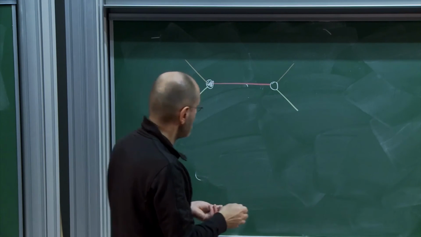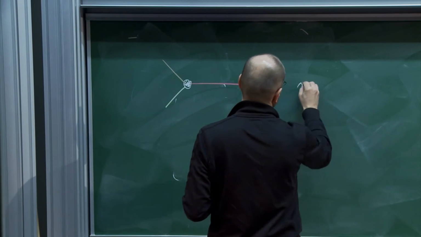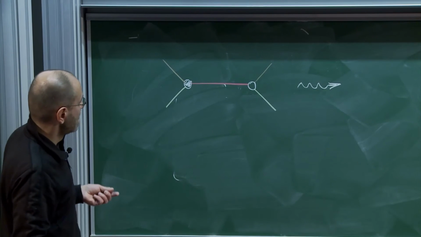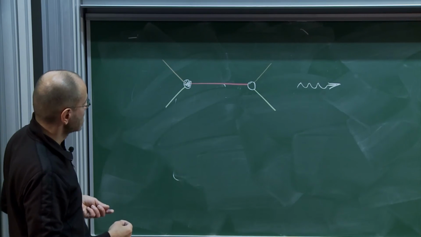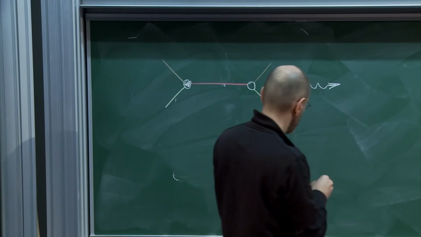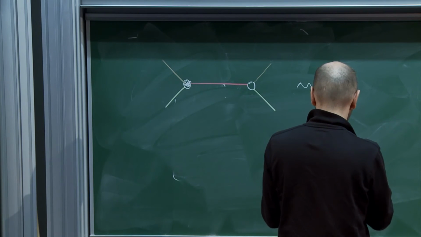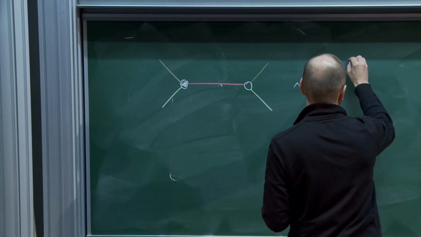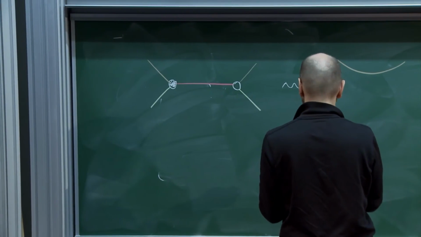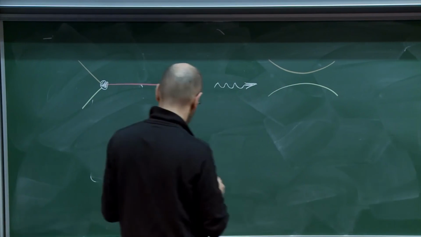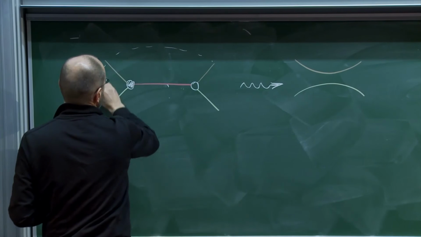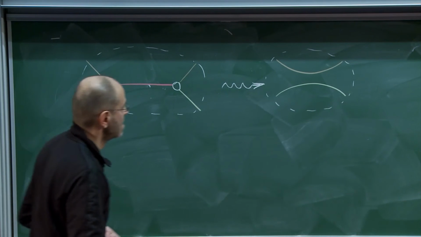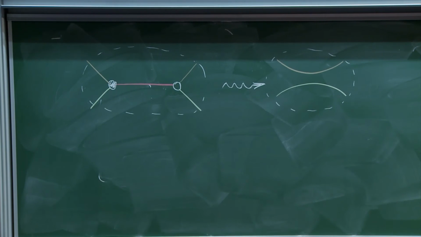And we can delete this edge and glue the half edges of the corresponding color together. So we make a surgery on the graph and get a graph with 2 vertices less. Outside of this region, both graphs look the same, but this graph has 2 vertices less, one white and one black.